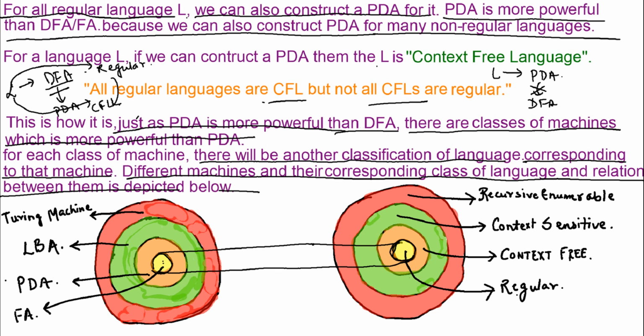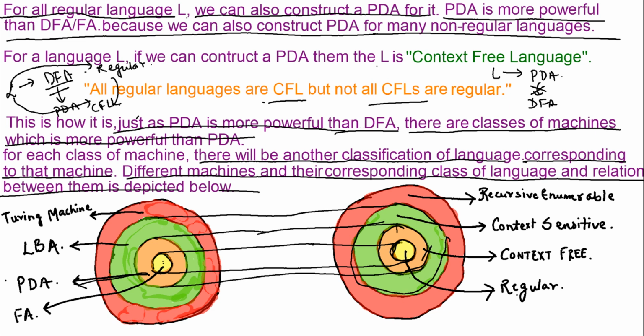For this regular language, you can give a finite automaton. Similarly, whatever comes inside this circumference are all context-free languages, and for context-free languages you can give a push-down automaton. Similarly, whatever comes inside this circle is context-sensitive language, and for context-sensitive language you can give a linear bounded automaton.